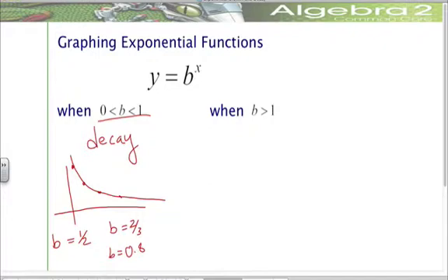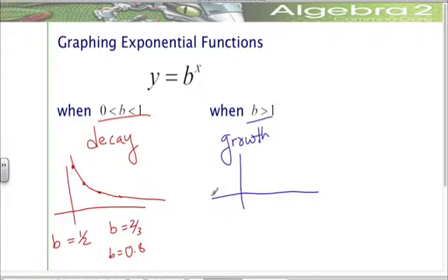Okay? Now the other possibility is when b is greater than 1. Anytime b is greater than 1, we're going to see a graph that exhibits exponential growth. So what this looks like in the graph is basically the opposite of this. It's almost as if this had been reflected in the y-axis.